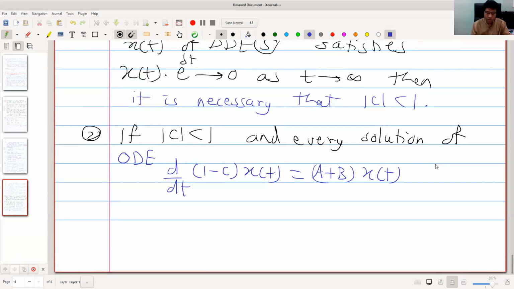And every solution of this ODE approaches 0. So this is nothing but d by dt of x of t equal to (a plus b) upon (1 minus c) x of t.